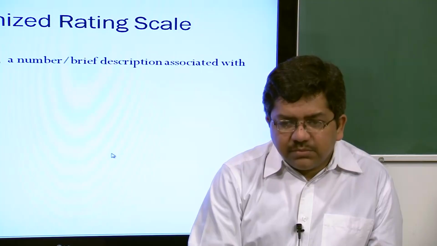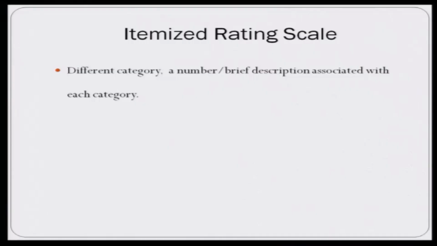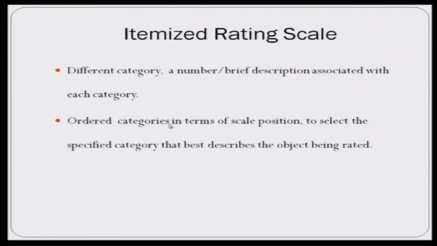In the itemized rating scale, you have different categories of the object, where a number or a brief description is associated with each category. I will explain to you through an example what this itemized scale is.